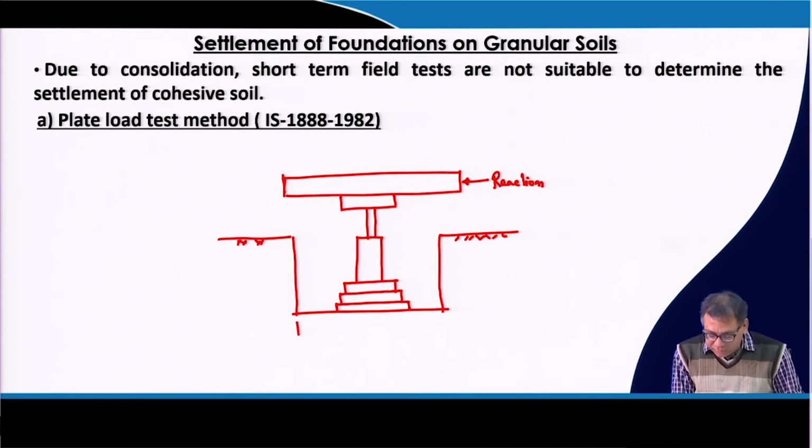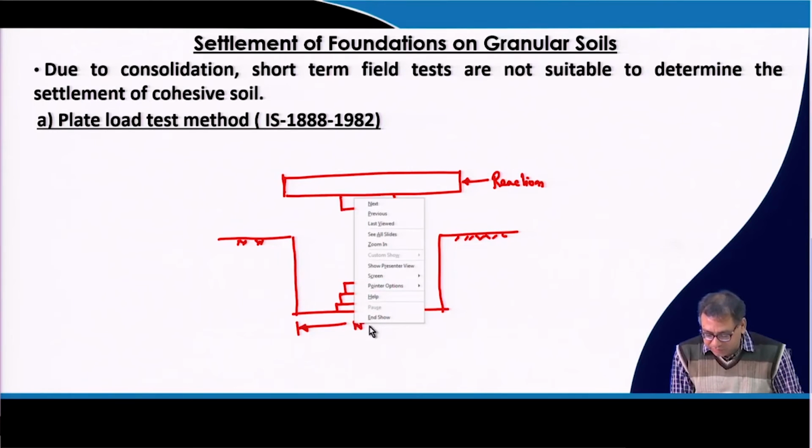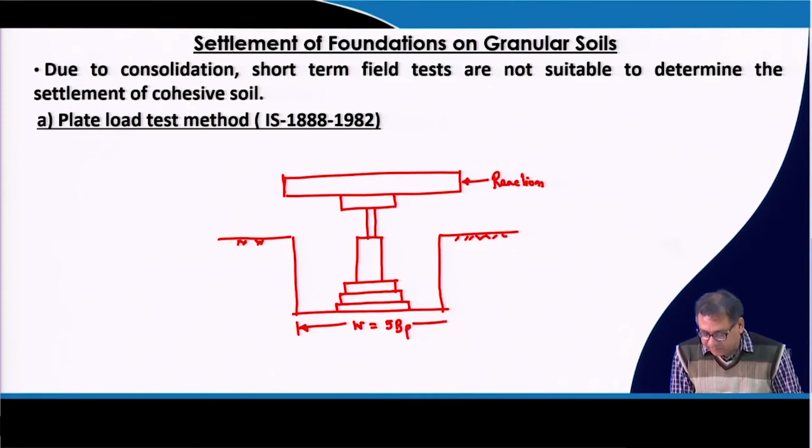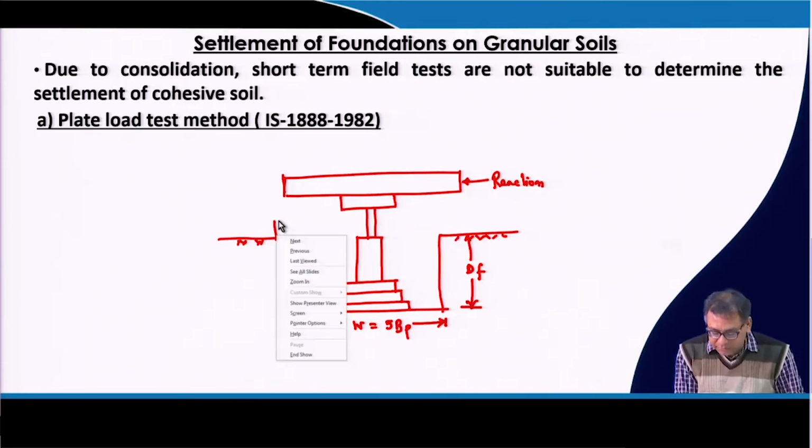Generally the minimum width of the pit should be 5 times the width of the plate. Ideally this should be the Df, but if it is not, then again we have to apply a correction.